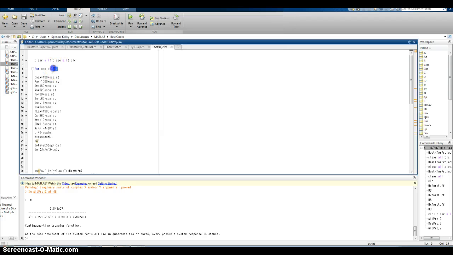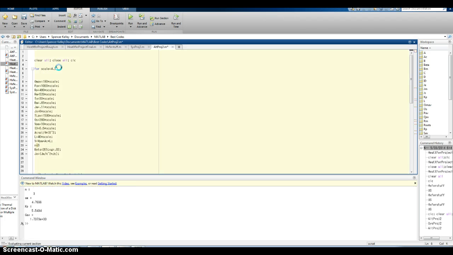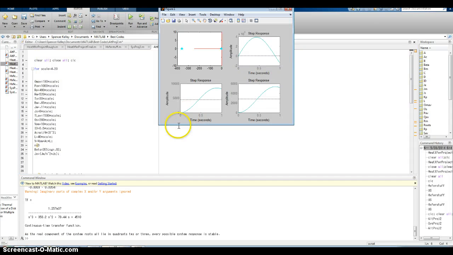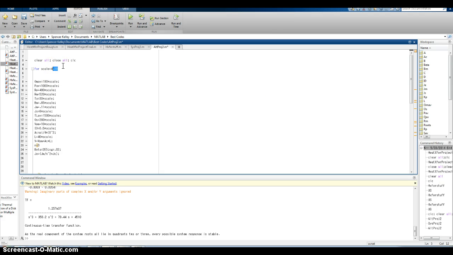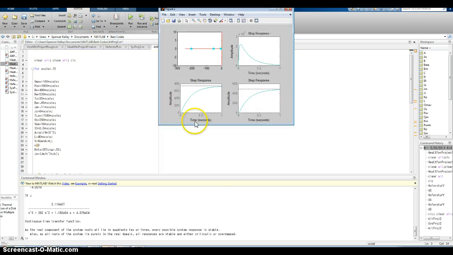And the further you get above unity, the more flagrant that degree of underdamped response becomes. As you can see, that response will oscillate for a very long while. But again, if we go back to 0.72, it's a very overdamped system.